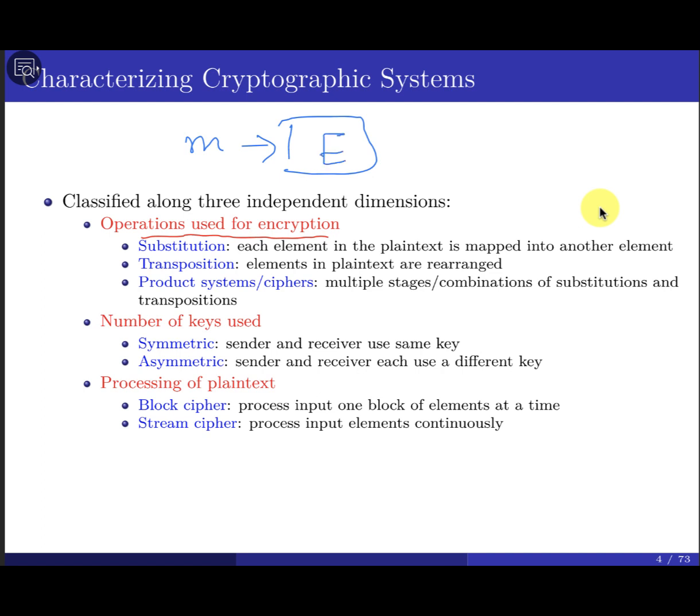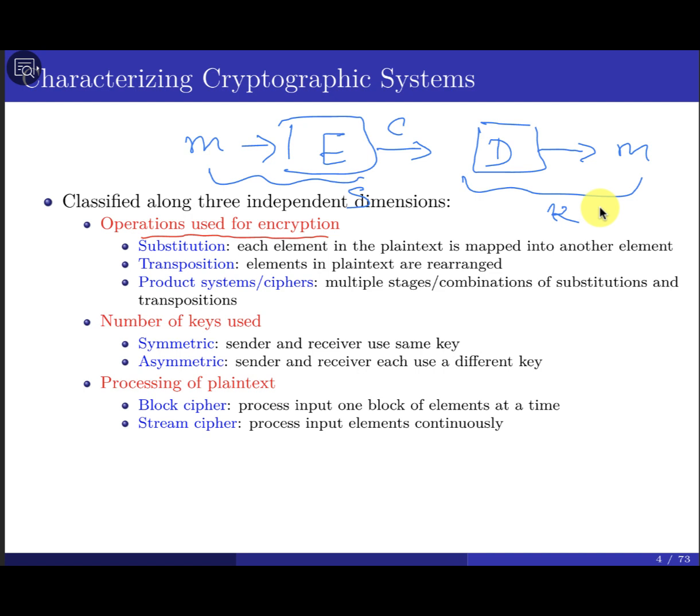That means take the plain text and convert it to a message that is hard to read. It will be C. This is at the sender side, and this is at the receiver side. Then decryption is going to take the ciphertext and try to reconstruct the original message. That's the plan.